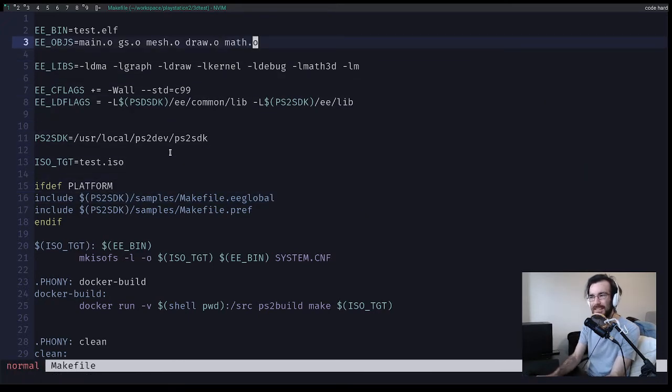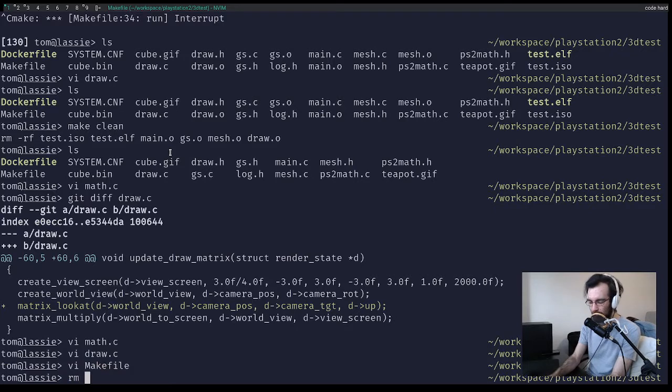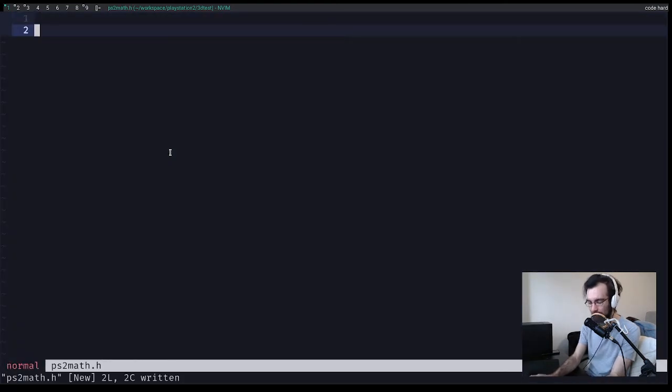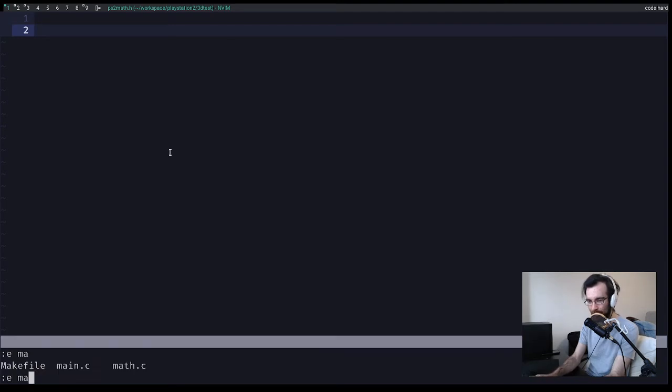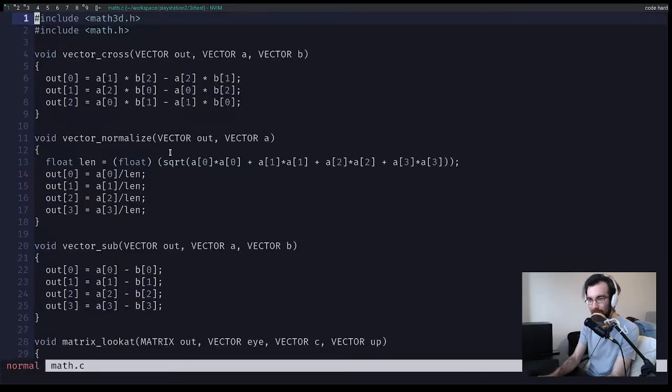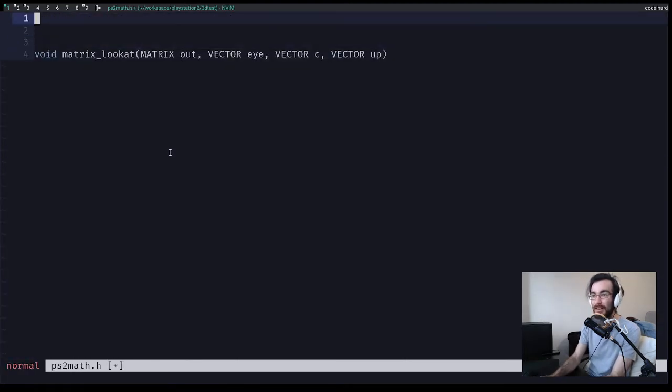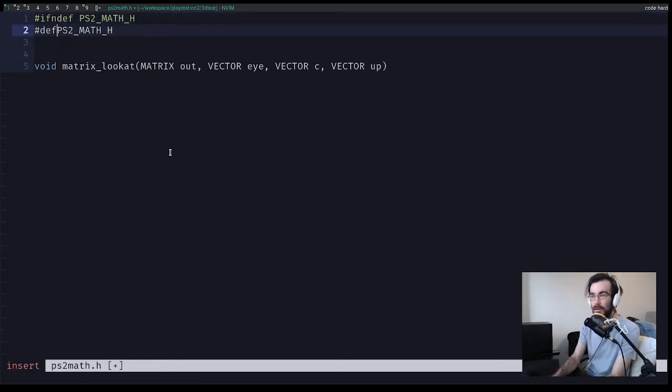And then actually, we're going to remove what we currently have for PS2 math, and make a header called PS2 math, because we can't have a header called math, since there already is one. None of these need to be exported, just this matrix lookat function. #ifndef PS2_MATH_H, #define, and #endif.